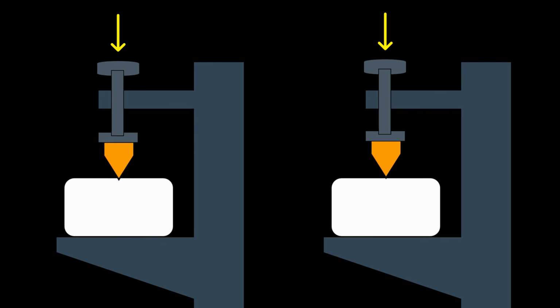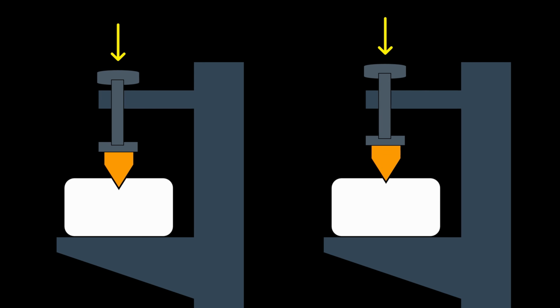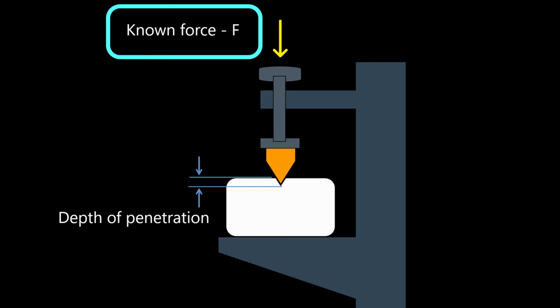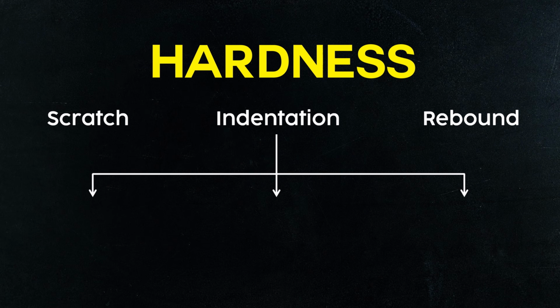If the indenter penetration in a component is high, then it means that component is relatively soft compared to a component which has less penetration. And on the basis of the amount of pressing force, indentation hardness testing is divided into 3 classes: macro, micro, and nano indentation testing.